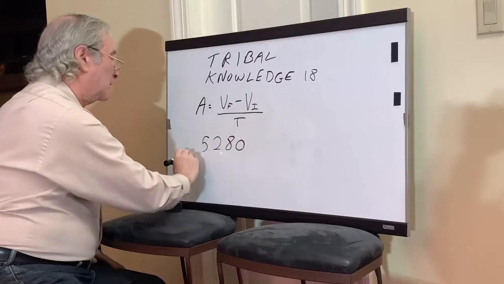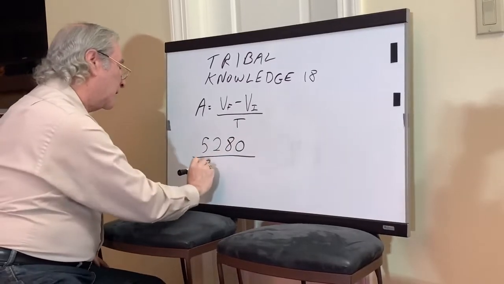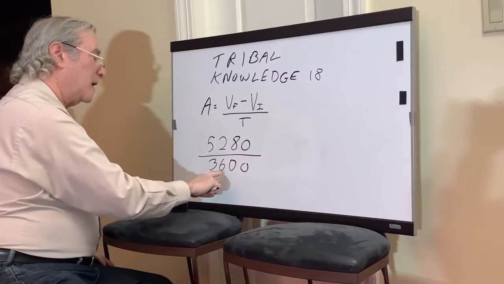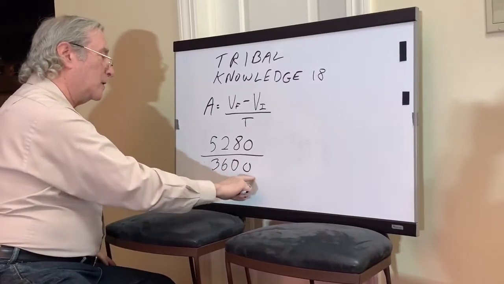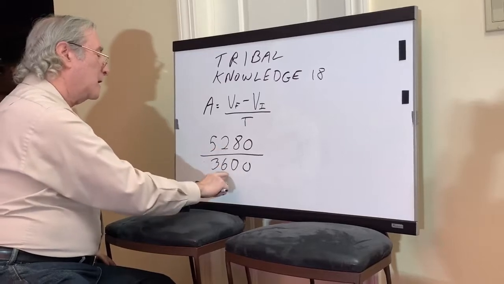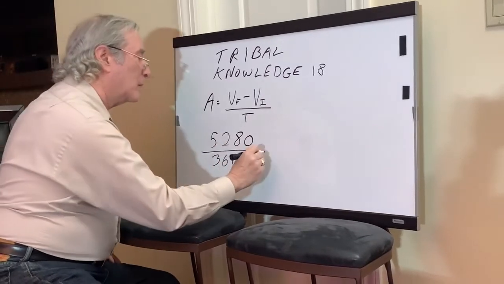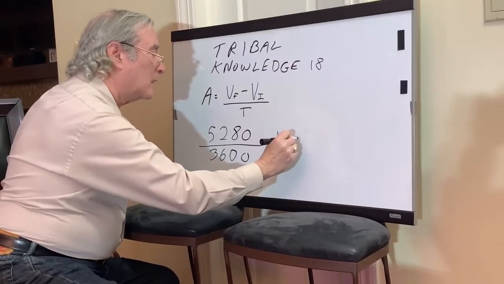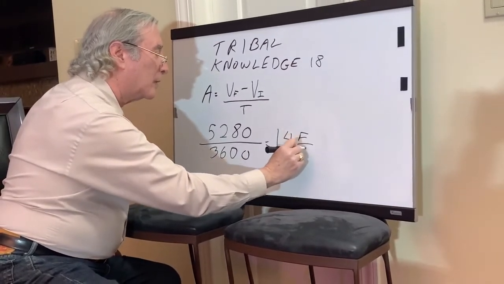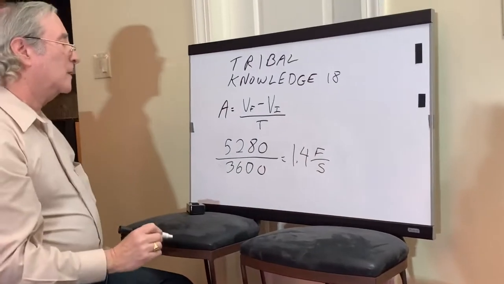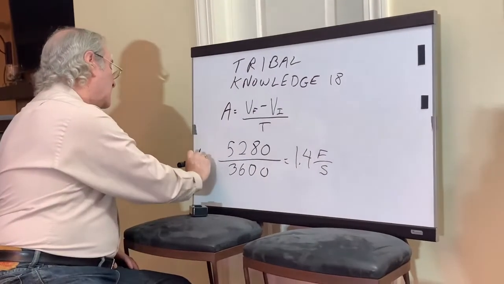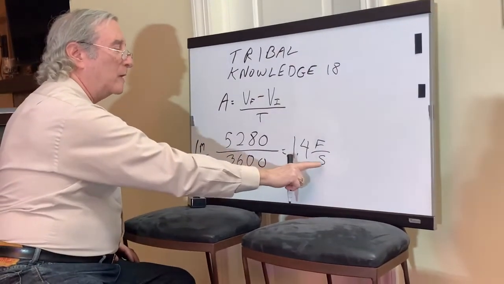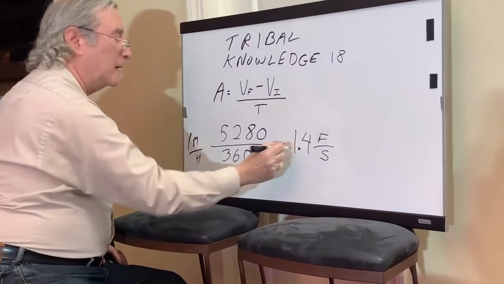5,280 feet divided by 3,600, that's actually 60 minutes and 60 seconds. That's 3,600. 5,280 divided by 3,600 equals 1.4 feet per second. So 1 mile per hour equals 1.4 feet per second.